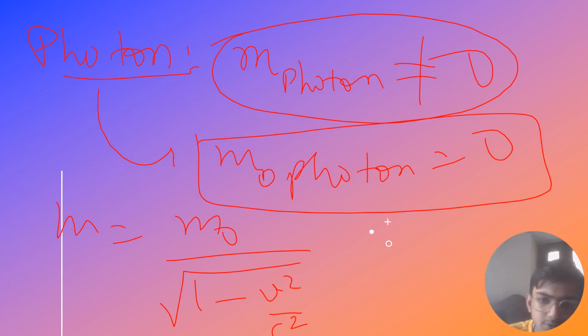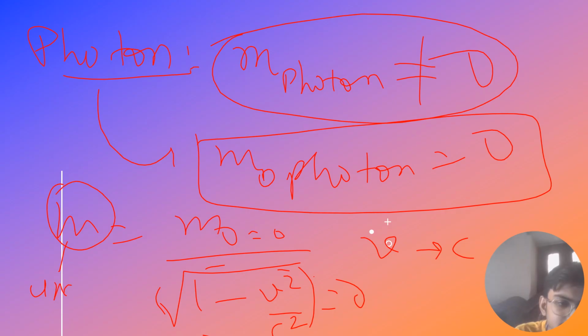And now the photon is actually traveling with the speed of light, so v is tending to c. Then this particular quantity will also be zero, and this is also zero. So this mass will be undefined.